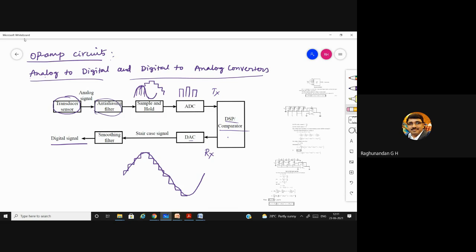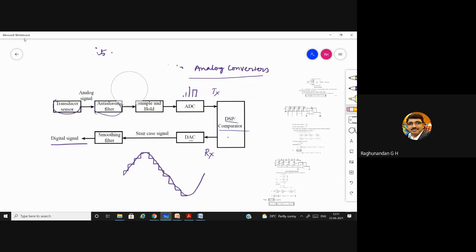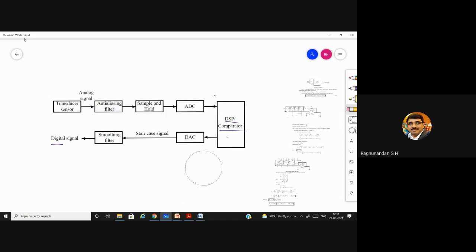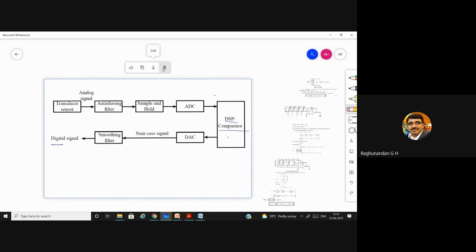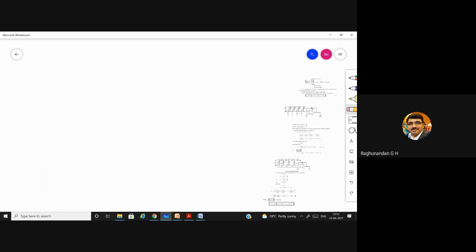After this, we'll start with the basic digital to analog communication techniques, the basic DAC techniques. So we'll start with basic digital to analog converters.